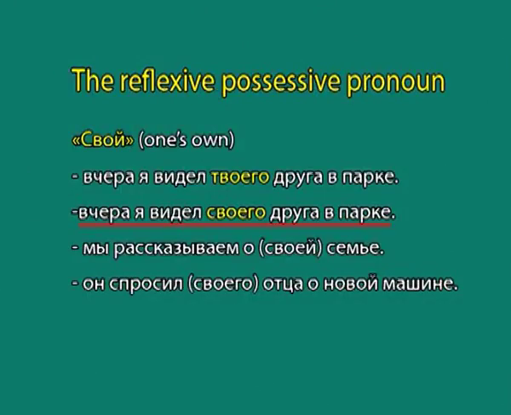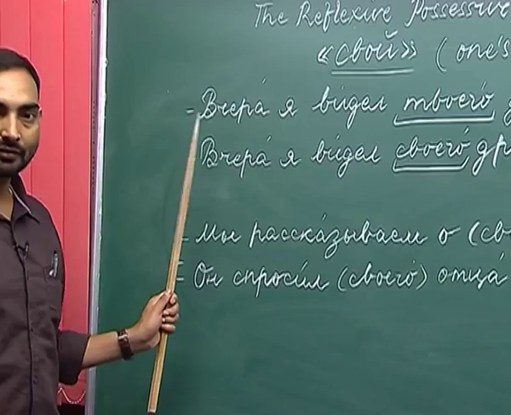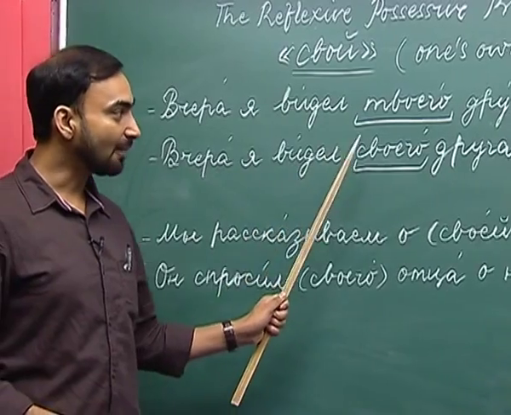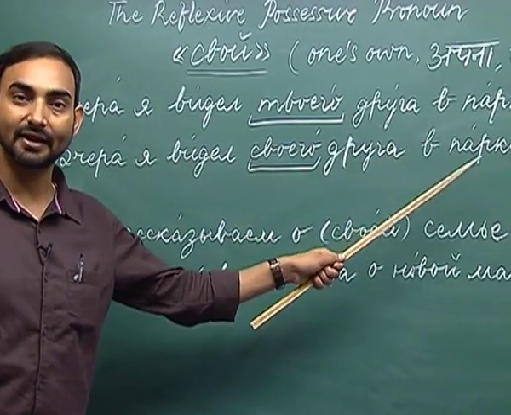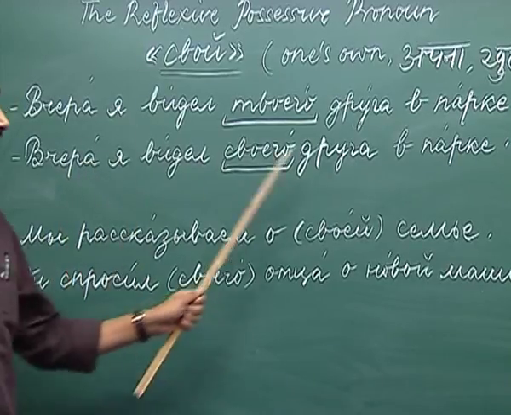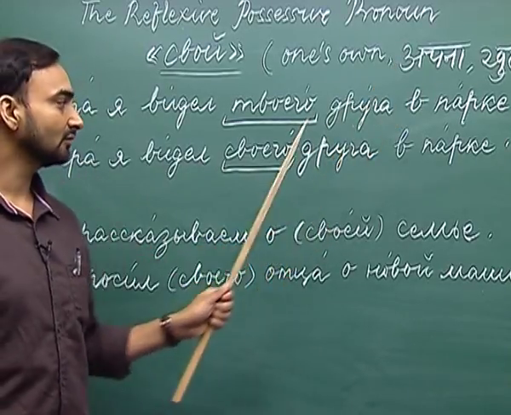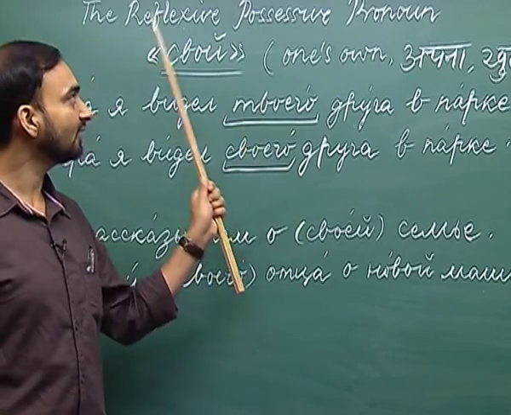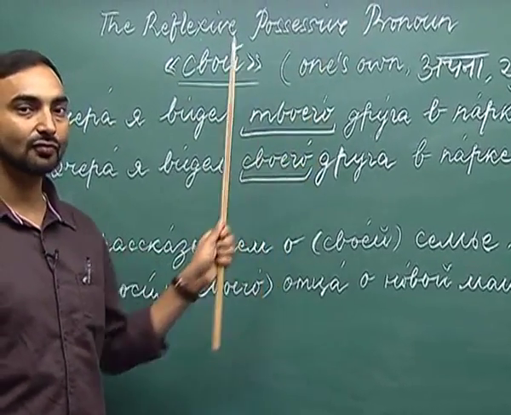Вчера я видел своего друга в парке. In Hindi, how will you translate this sentence? कल मैंने अपने दोस्त को पार्क में देखा. अपने दोस्त. So here the subject is talking about something of his own. That is why we are using reflexive possessive pronoun свой.